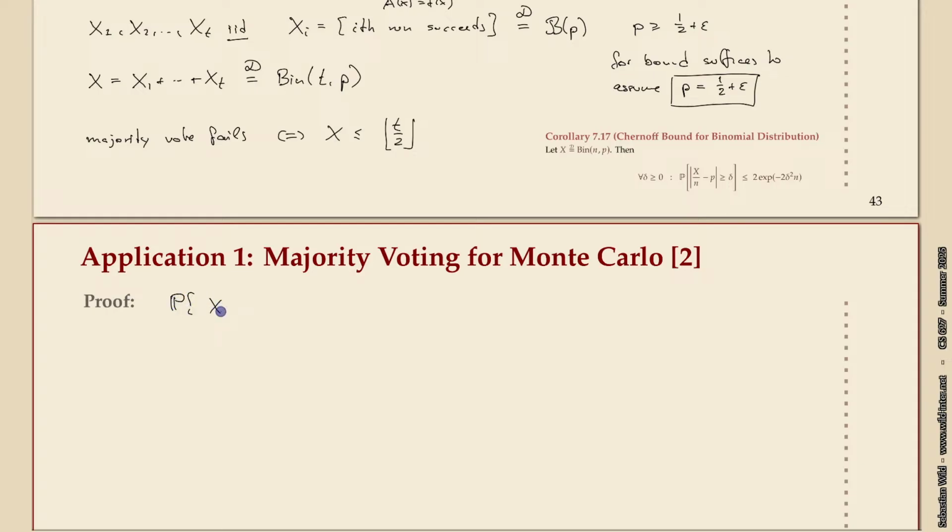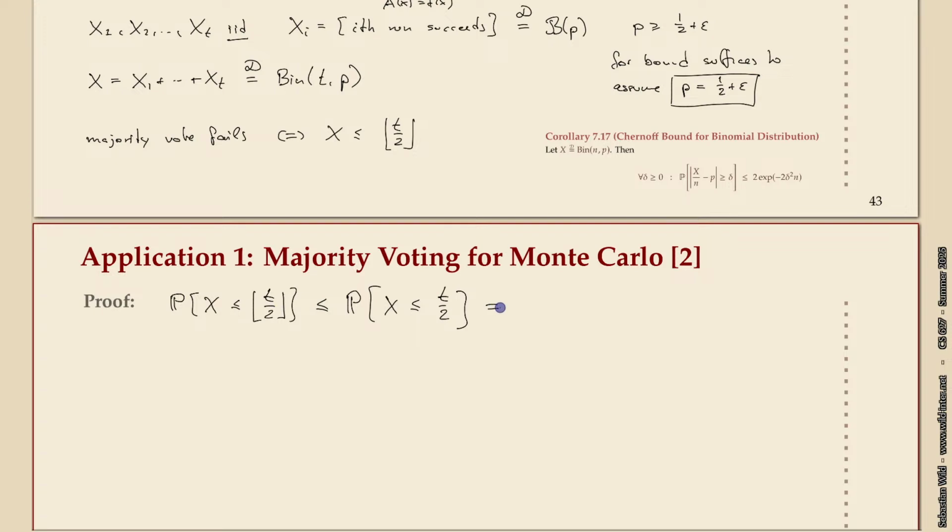The probability that x is less than, let's be very strict, so I'm making the condition weaker by dropping the floors. So that is a more likely event, which means the probability can only go up.